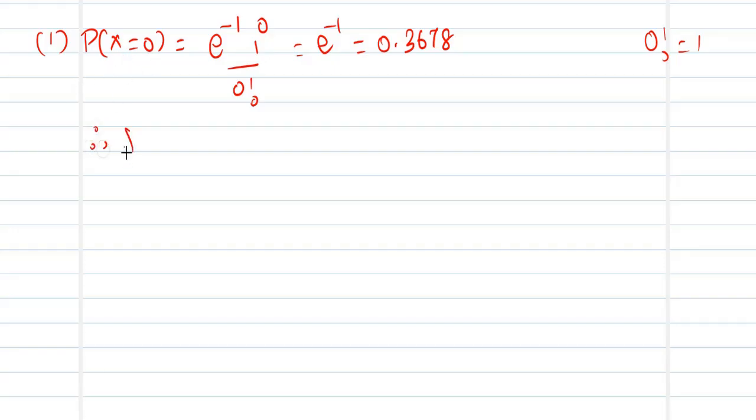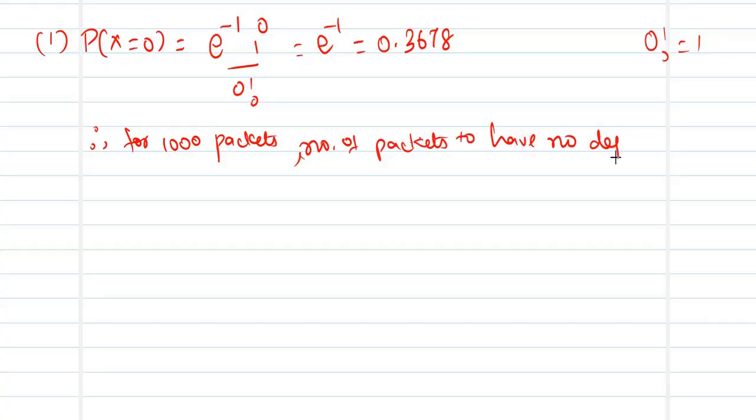Therefore, for 1000 packets, the number of packets to have no defective will be given by 1000 into the corresponding probability. What is going to be it? 1000 into 0.3678.